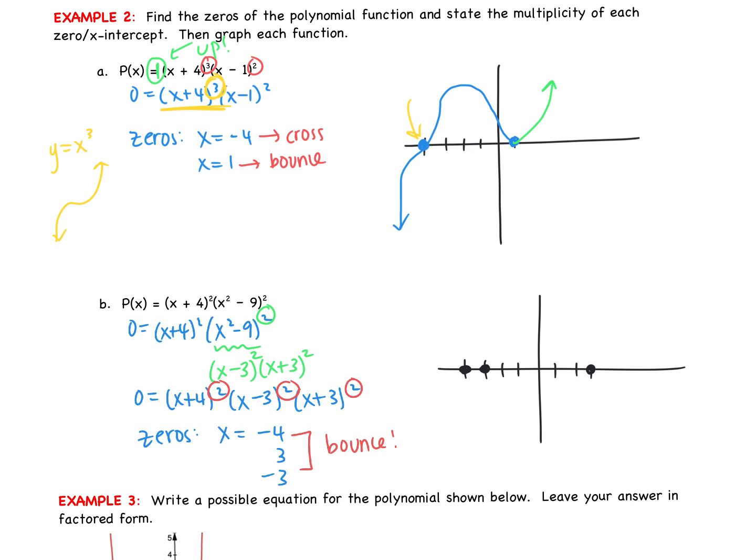Okay, we have a 1 out in front. That's positive, which tells us our graph is going to end up. So then we're going to bounce, bounce again, bounce again. Okay, so bounce, bounce, bounce.